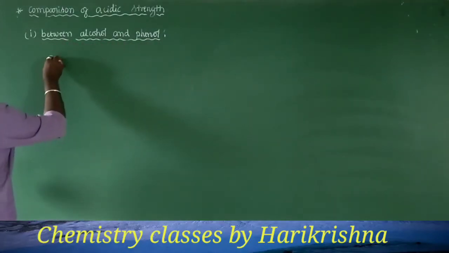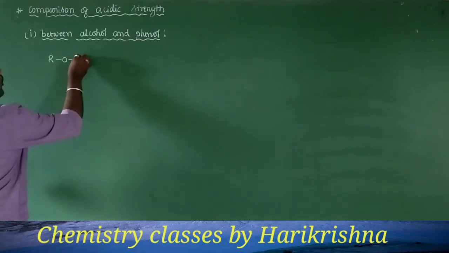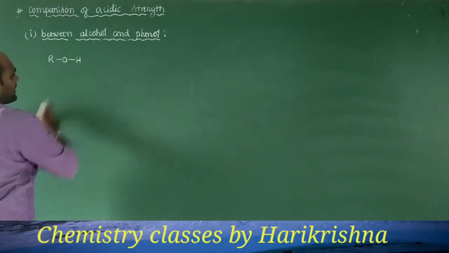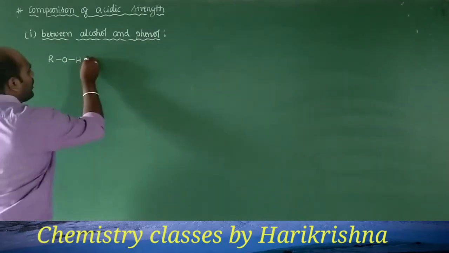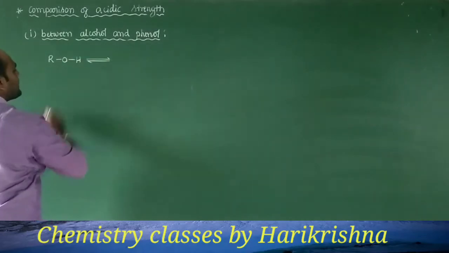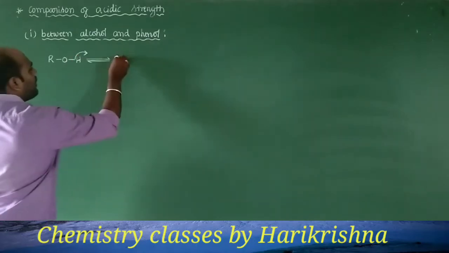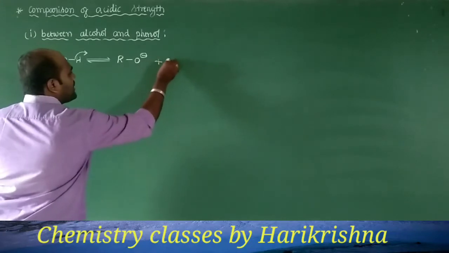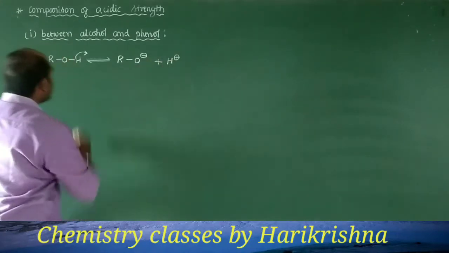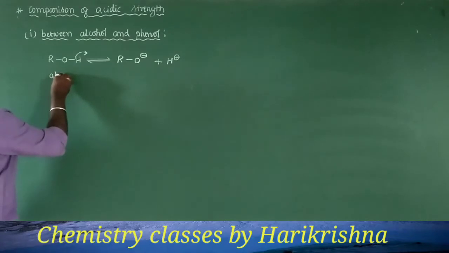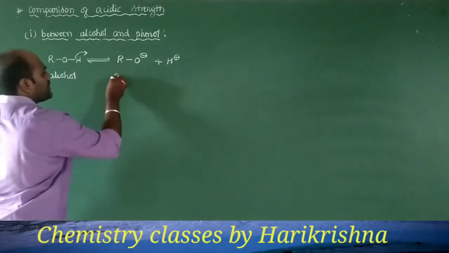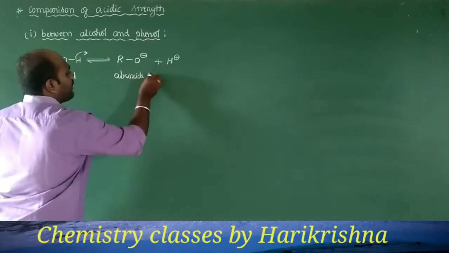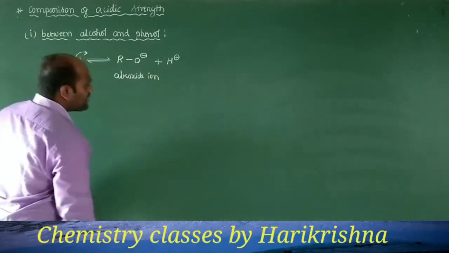So alcohols can be simply written as ROH, and if the H plus ion is eliminated from alcohol, we are going to get RO minus plus H plus. So alcohol on dissociation results in the formation of alkoxide ion with the expulsion of H plus ion.